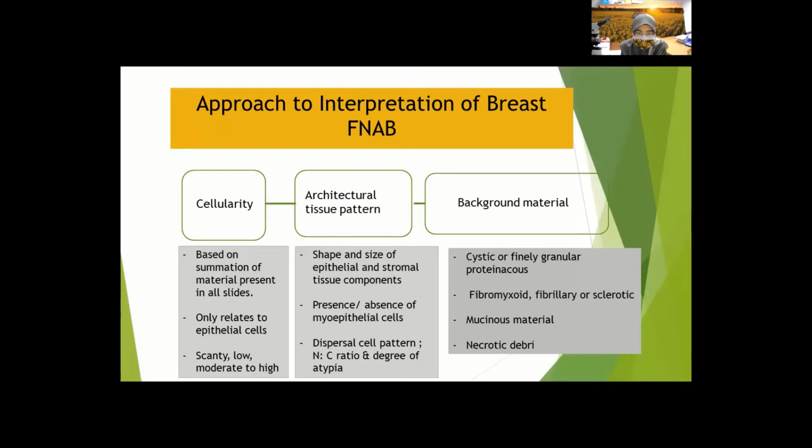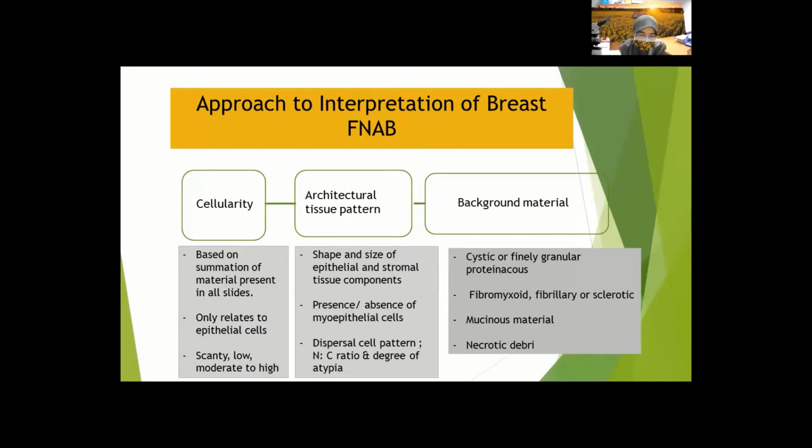So this is how I simplify the approach to interpretation of breast FNAC, which can be used in the cases that we will be discussing after this. So first is the cellularity. The second one is based on the architectural tissue pattern, and the third one is the background material. So for cellularity, it is based on the summation of the material present in all of the slides, and it usually relates to the epithelial cell component only.